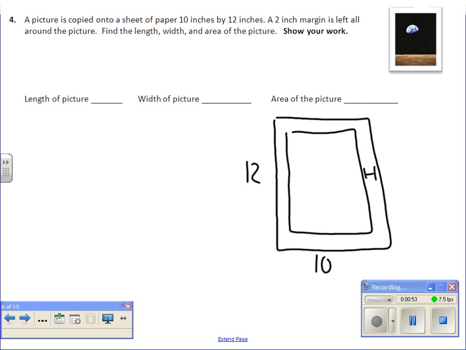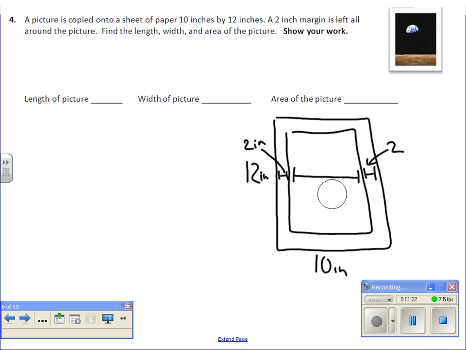So right here is going to be 2 inches, right? Right here is going to be another 2 inches. Okay, so if I'm taking away 2 from each side, from the 12, that must mean that the picture itself is 8 inches wide.